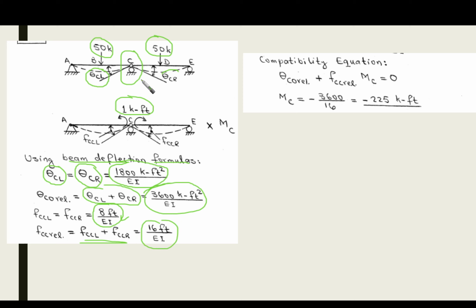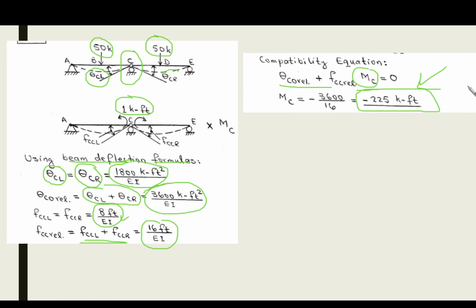Then for the compatibility equation, you can get the redundant MC, and it would equal minus 225. Please check it by yourself and do it. Okay, I hope that you have obtained this. This is the in-class assignment. If you have any mistake or something, you can repeat it again until you get the right understanding for it.